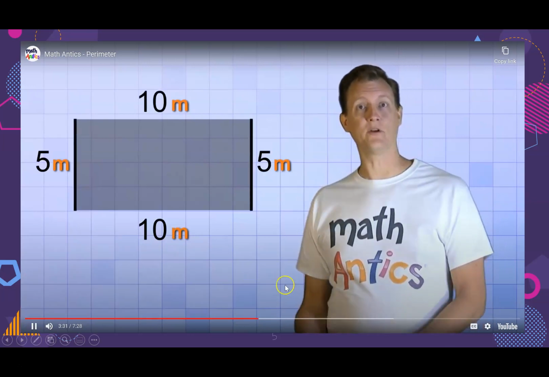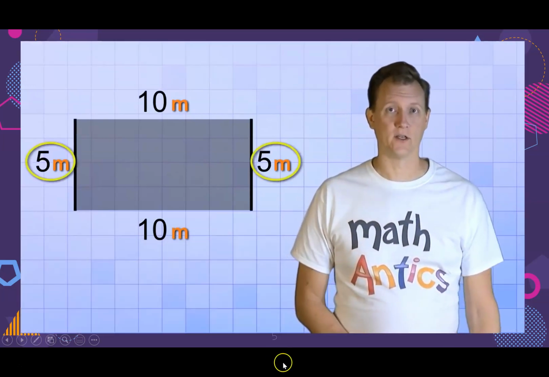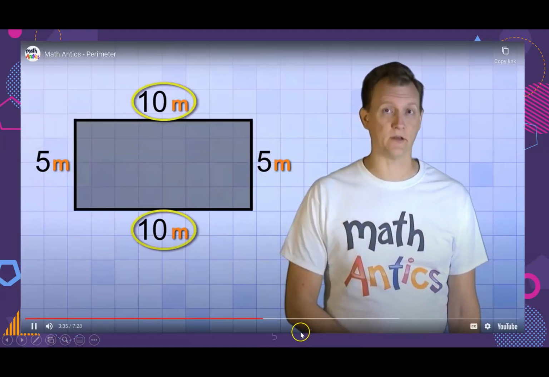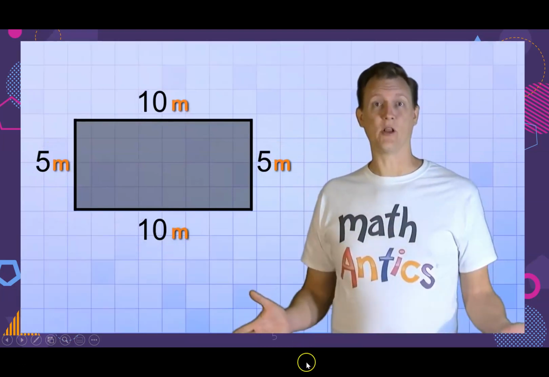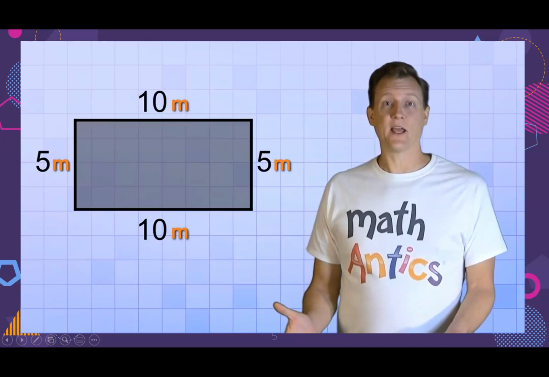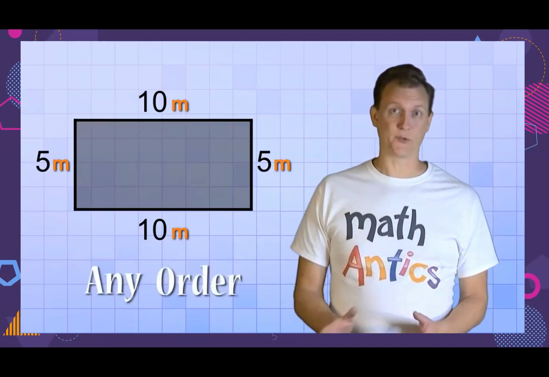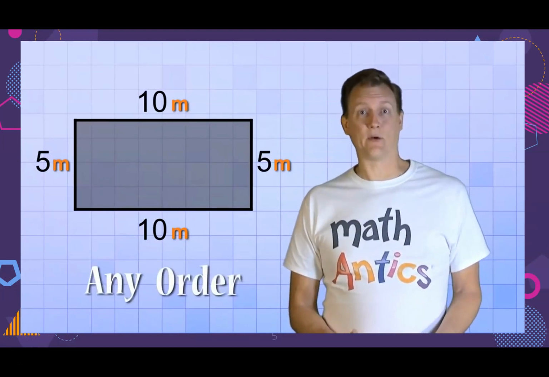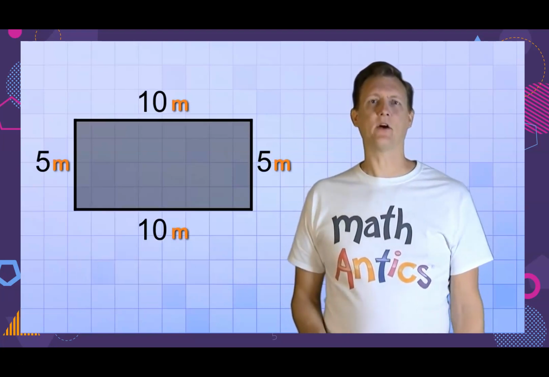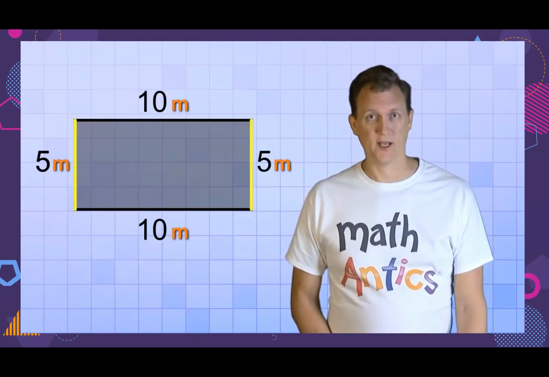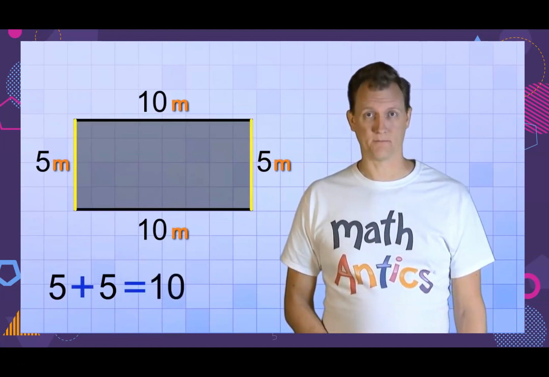And you can see that the shorter sides are each 5 meters long, and the longer sides are each 10 meters long. So, let's add them all up. We can add up the sides in any order we want to, as long as we don't forget any sides or accidentally count any of them twice. And I think I'll add up the two short sides first. 5 plus 5 equals 10.